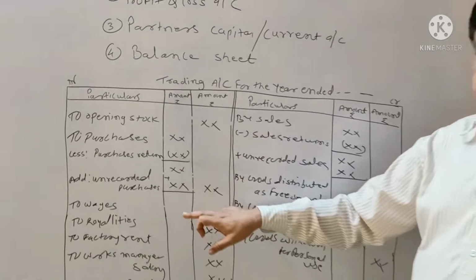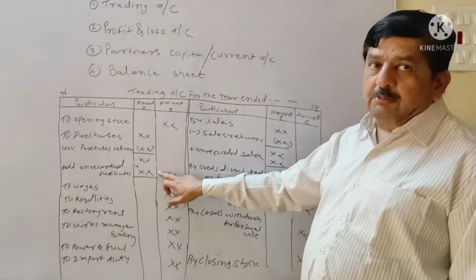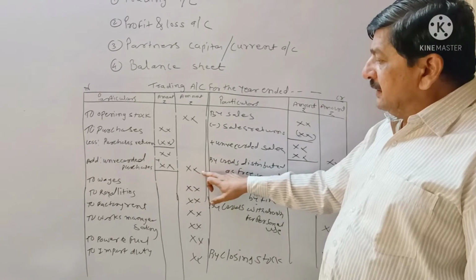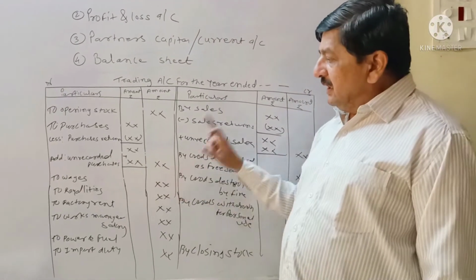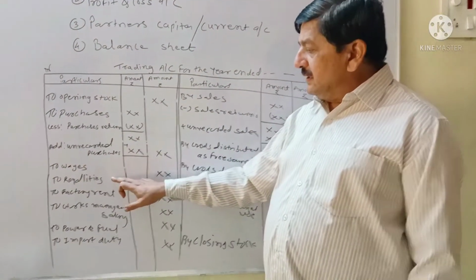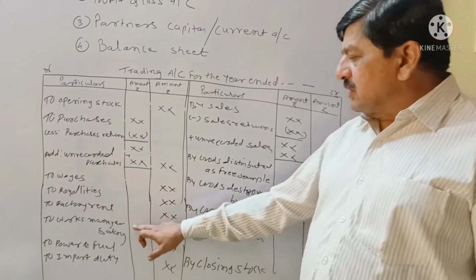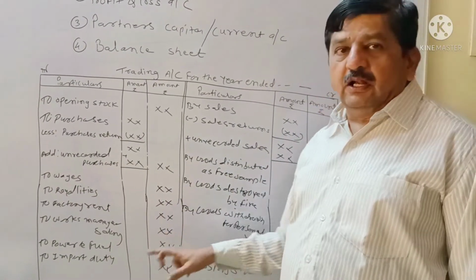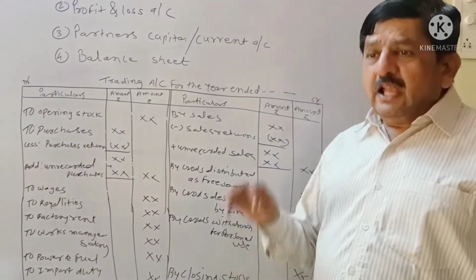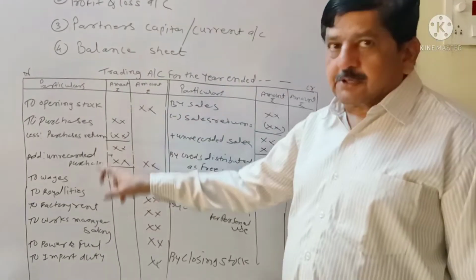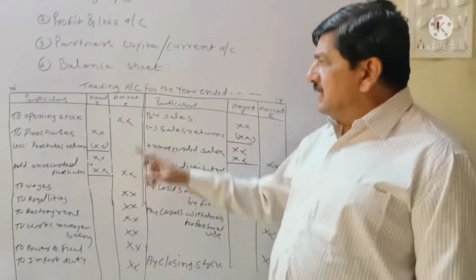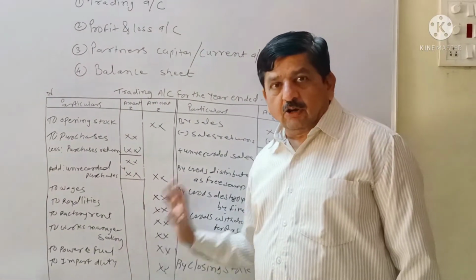In adjustment, sometimes unrecorded purchase is given, then it must be added, and then take the total in the outer column. Then direct expenses means to wages, to royalties, to factory rent, works manager salary, power and fuel, import duty, octroi. Any manufacturing or factory expense is a direct expense, and it is taken to the debit side of the trading account.